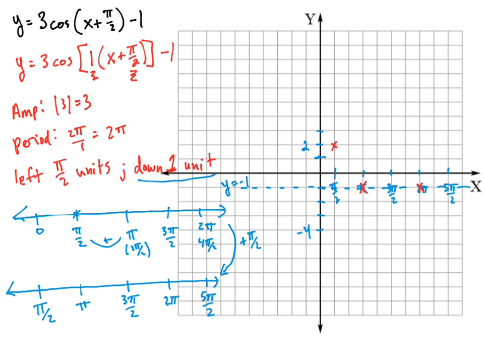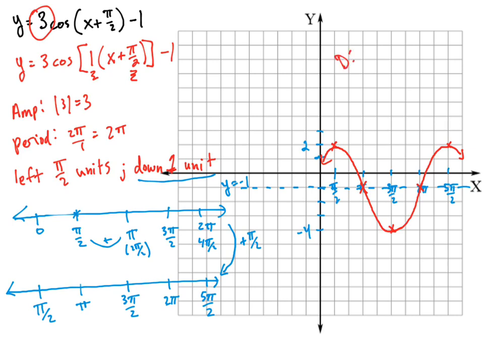We start at the maximum value because there is no vertical reflection. So we're going to start at 2. At 3 pi over 2, we're going to go down to negative 4. And then we're going to increase back up at 5 pi over 2 to 2. So the graph looks something like that.